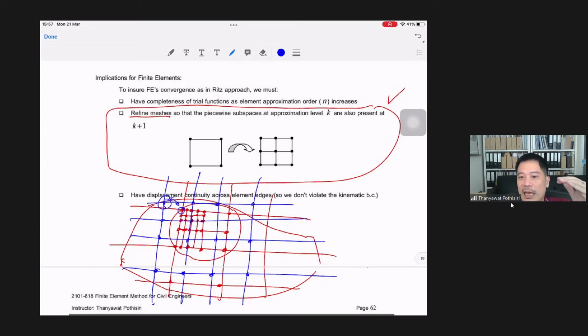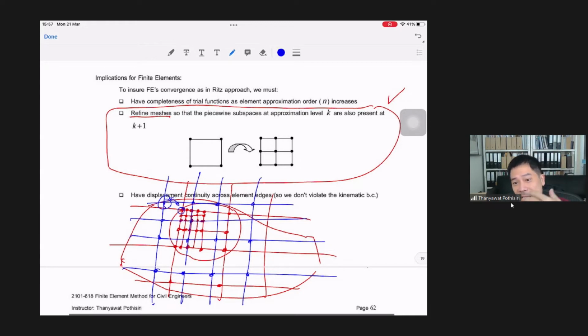You are no longer looking at the same place, but at a different place. Because the finite element approximation is based on finding solutions at the degrees of freedom, or at the nodes, if you keep changing the location of the nodes, then you're looking at equilibrium at different locations.